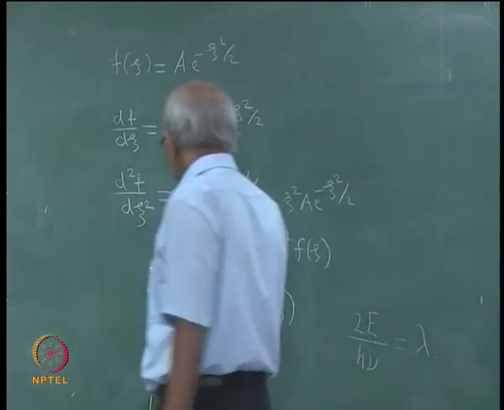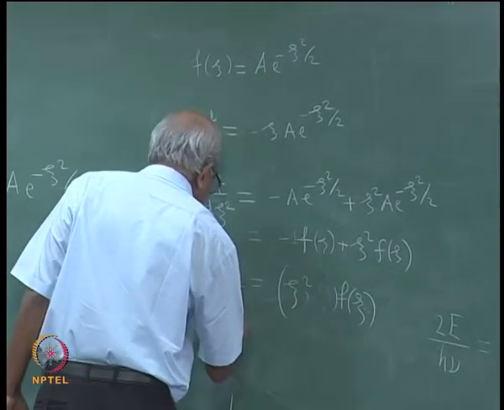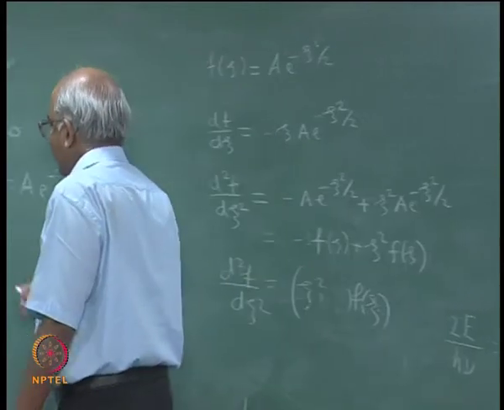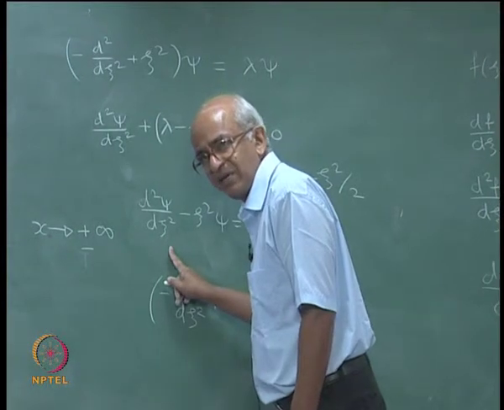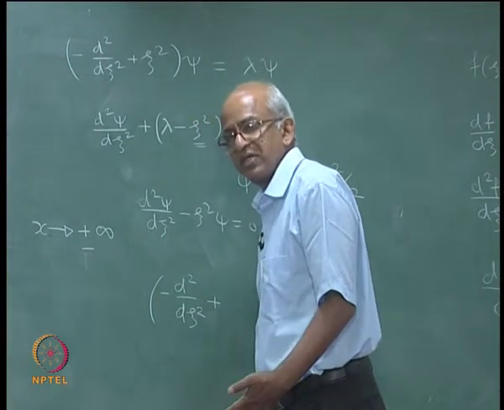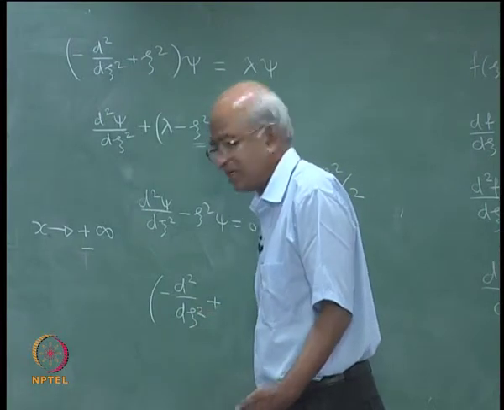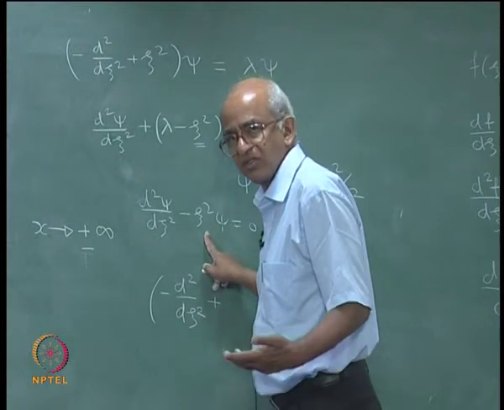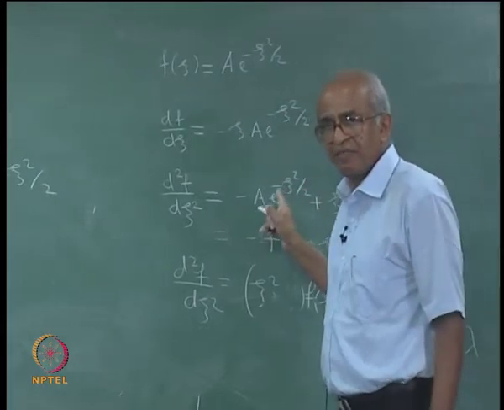Then this differential equation becomes d square f by dc square is equal to c square times f of c, which is exactly the same differential equation as the one obeyed by psi. And therefore, what is the conclusion? In the large c region, a possible solution of this equation is psi equal to that function f.